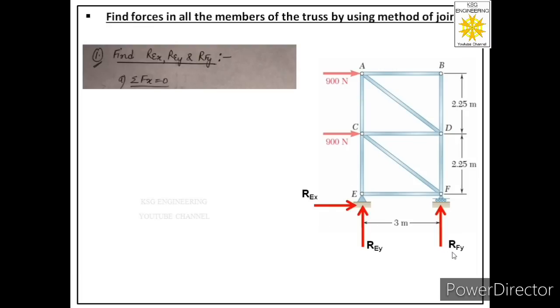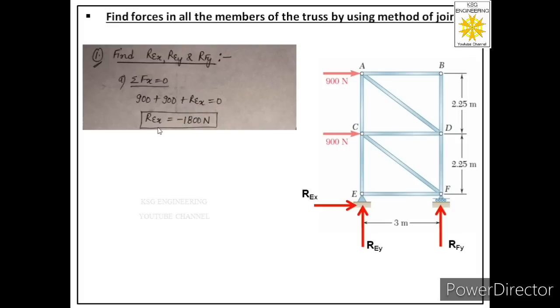Now out of these 5 forces, 3 forces are there which are acting in X direction. So we have to consider these 3 forces for this equation. And these 3 forces are acting towards right, so we will consider their sign positive. It means equation will be 900 plus 900 plus REx equal to 0. So from here we will get our first answer, that is REx equal to minus 1800 Newton.